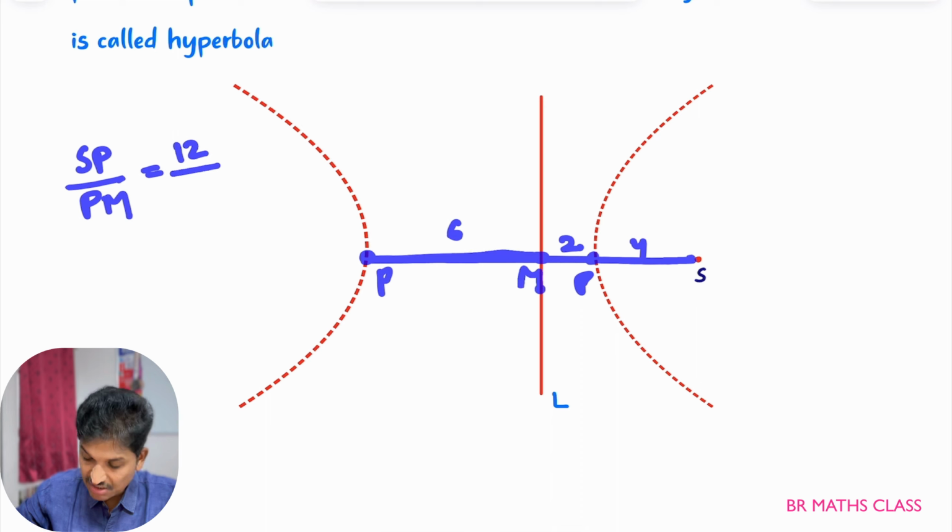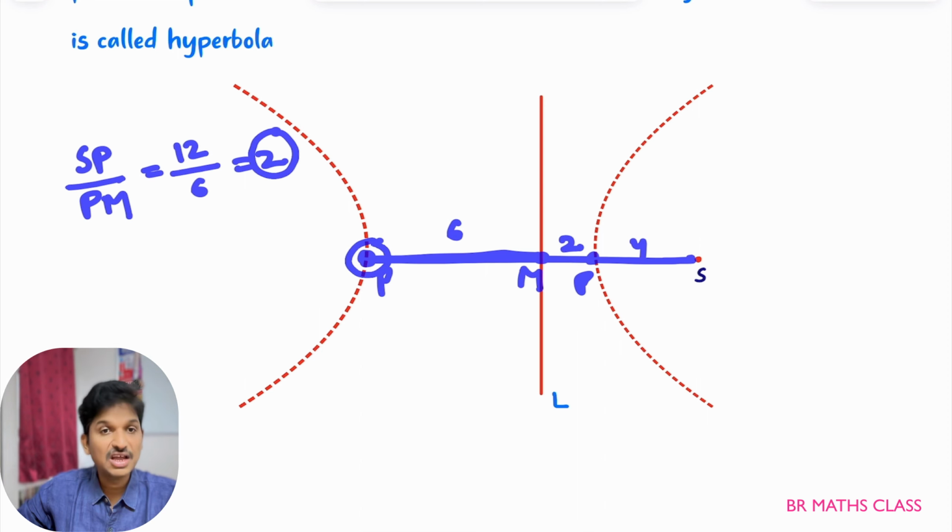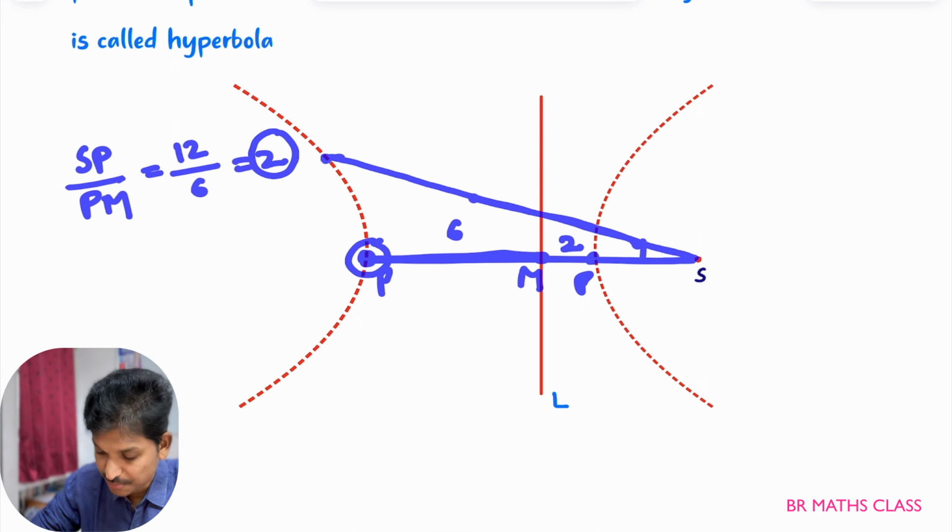PM is this one, the distance from this point to the fixed line. PM is 6. SP by PM is 2. Try to understand. So here we got another point which satisfies the same condition. You take point P here, the ratio of the distances from this point P to the fixed point and fixed straight line is constant and that constant is greater than 1. Suppose you take one more point here. See, this distance is SP.